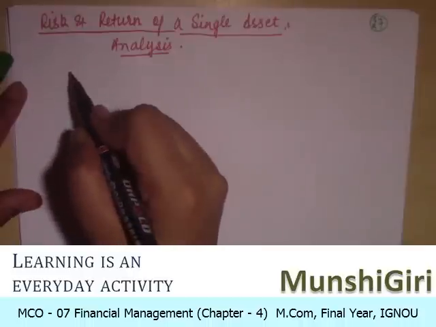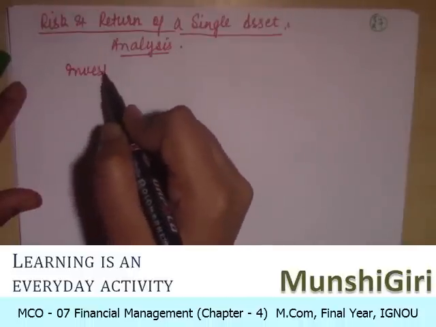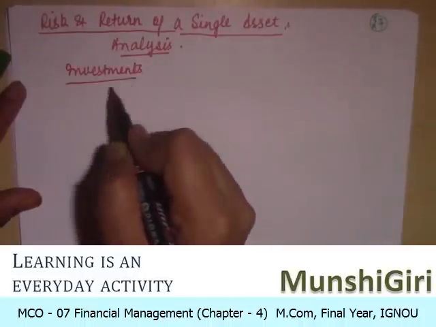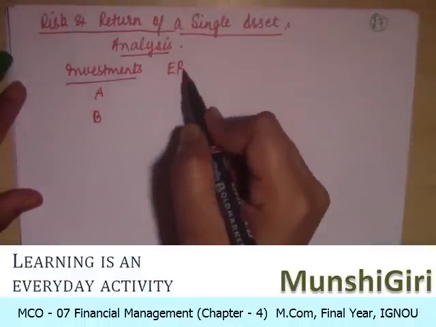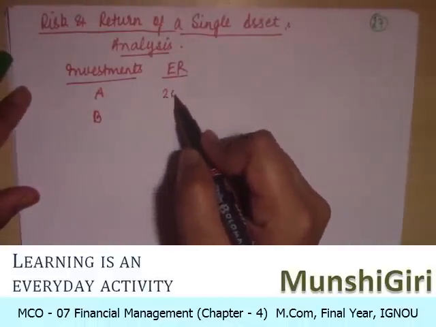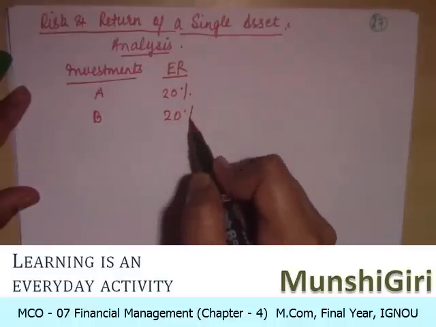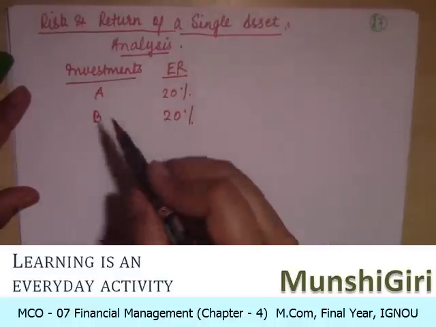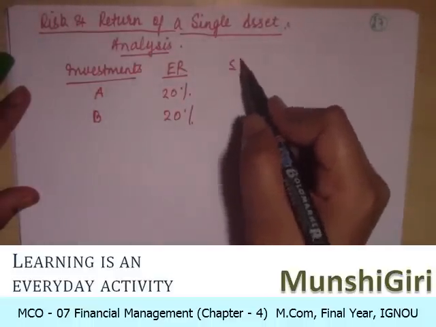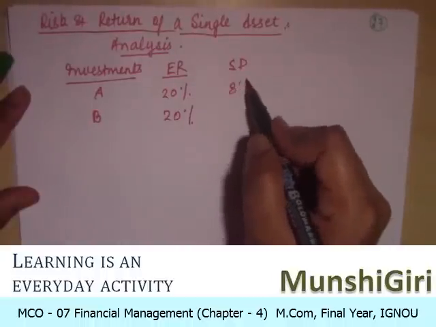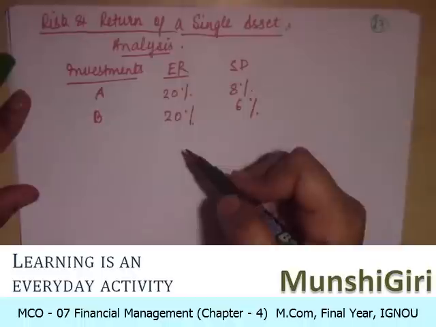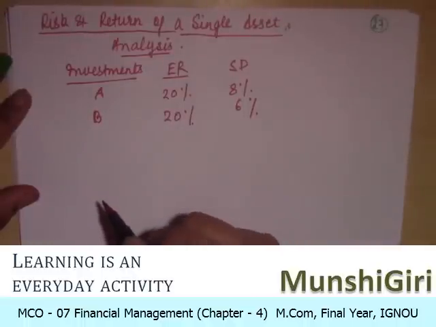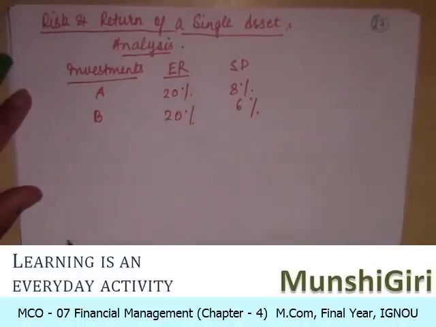You have two investments, investment A and investment B, and expected return from investment A is 20% and from B is also 20%, and the standard deviation from this is 8% and this is 6%.